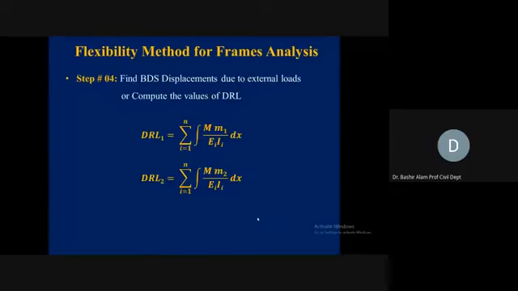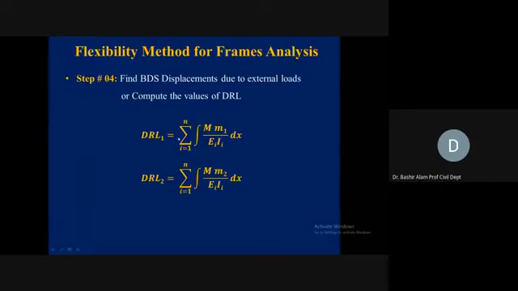Step number 4, here you already have the capital M value and the small m value, so you can find your DRL1 value. DRL1 is the displacement corresponding to AR1.